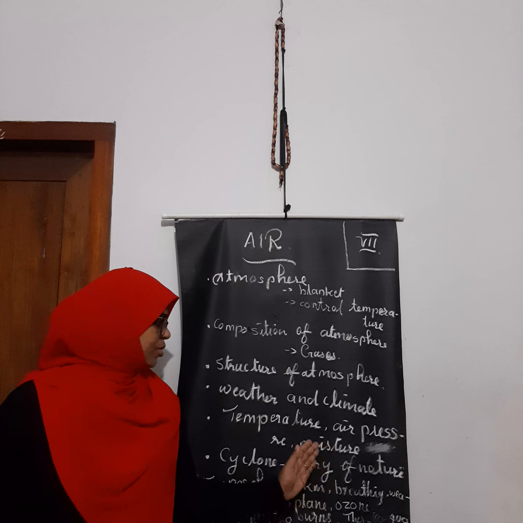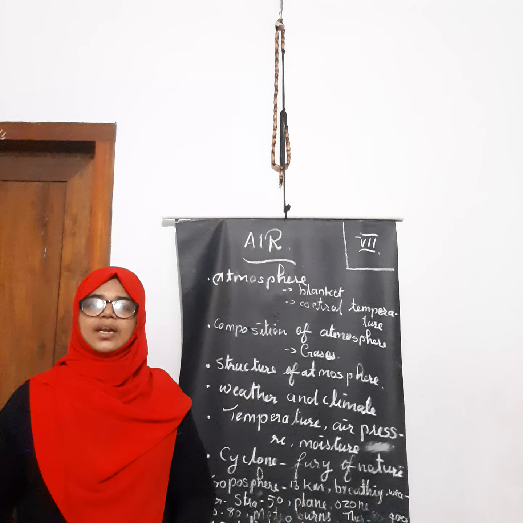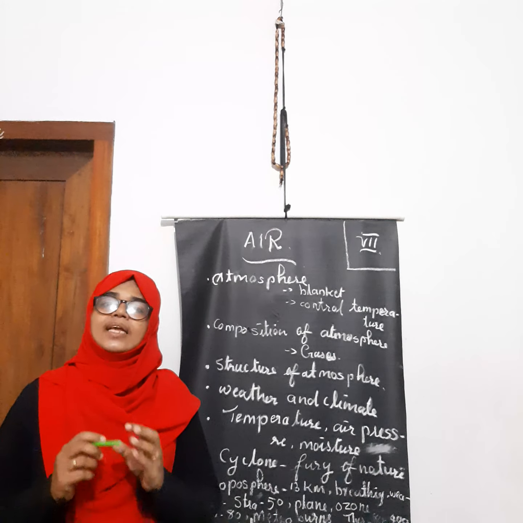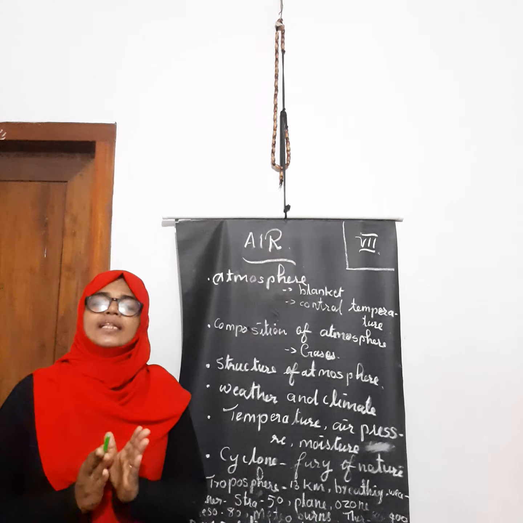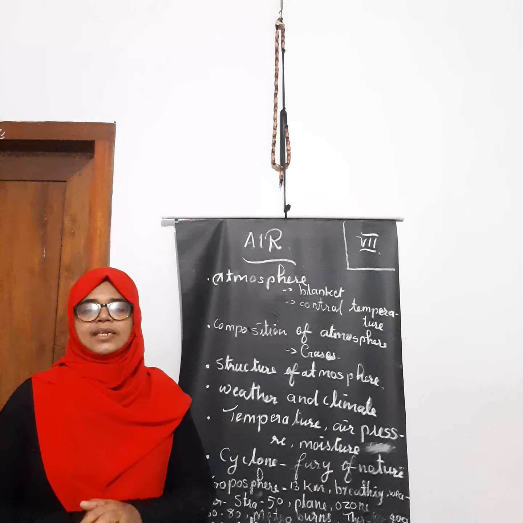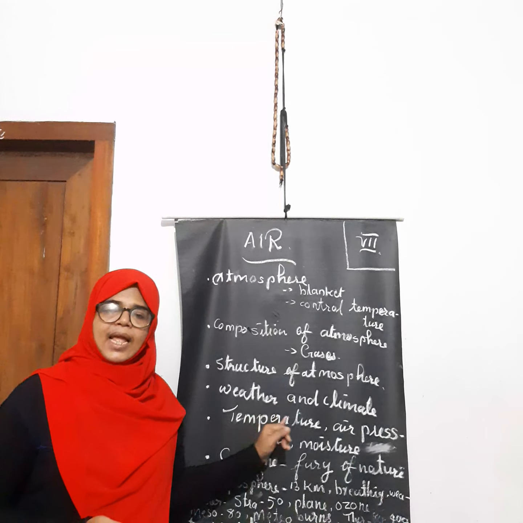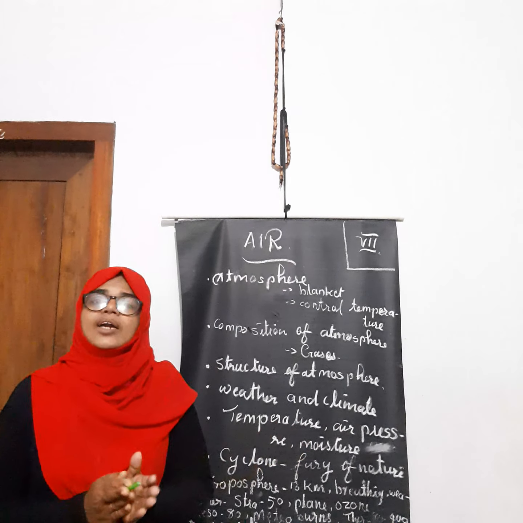That is the relation between temperature, air pressure and moisture. When temperature is increasing, air pressure will be decreasing and the content of water in the air also starts decreasing. When temperature is high, air pressure will be low and it will start moving.